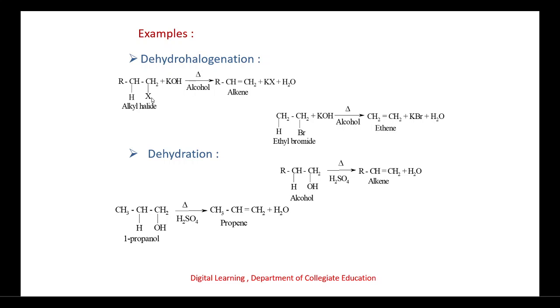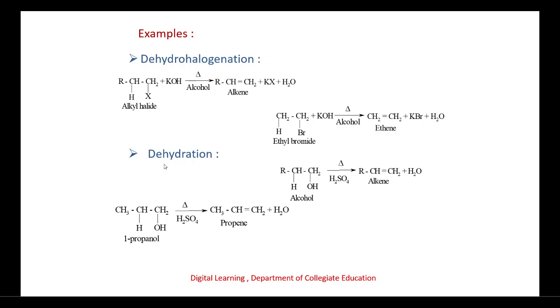For example, an alkyl halide in the presence of alcoholic KOH at a higher temperature loses hydrogen and halogen to give an unsaturated alkene. For example, ethyl bromide on elimination gives the unsaturated ethene as the product.